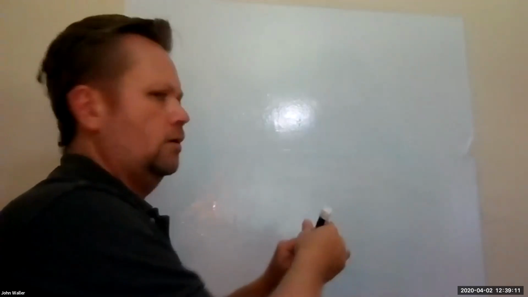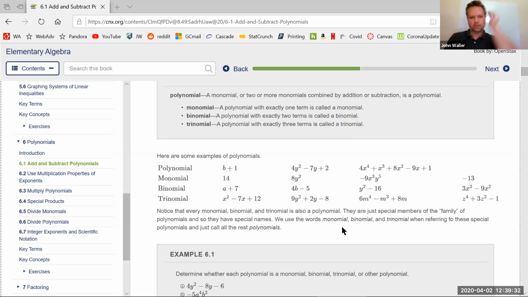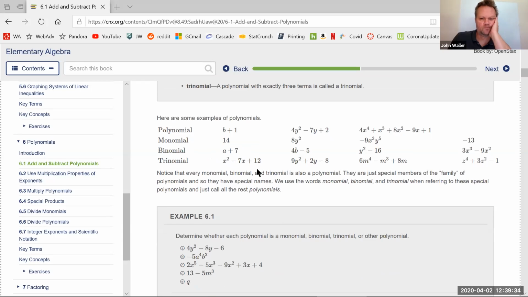Okay, I like it. Oh, let me do this. This actually is going to be easier. Give me 1 second. All right, so everybody sees this. This is from the book, right?